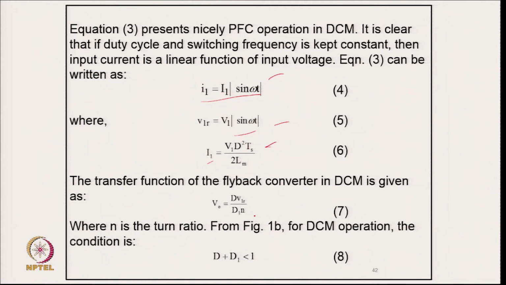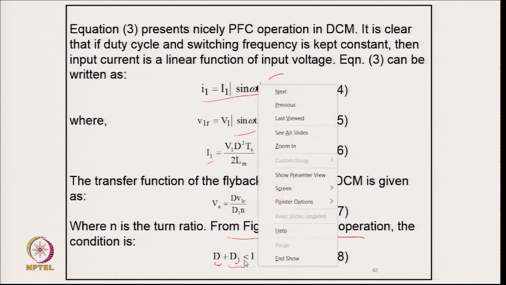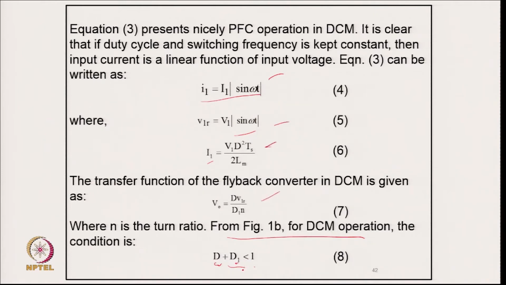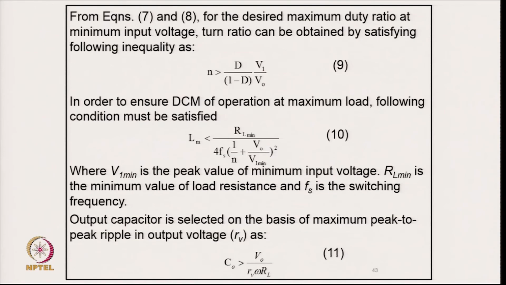Typically keeping the output ratio in terms of this, you can find from this DCM that the diode conduction duty cycle will be less than 1. So, you have a third period, a third duration, where neither of the two is conducting. From this relation you can get the turns ratio from the output relation, and even for DCM the minimum inductance.